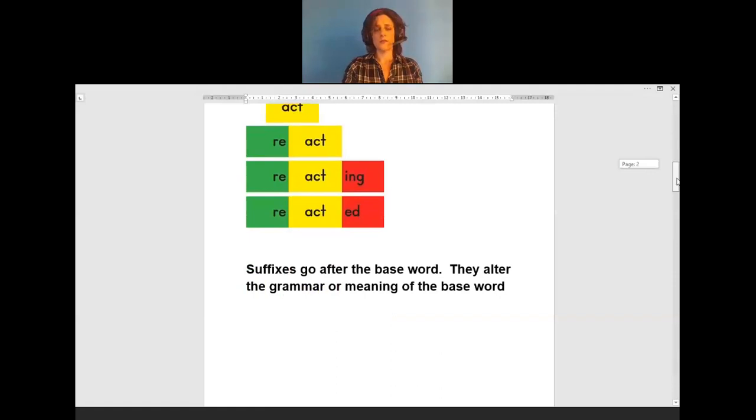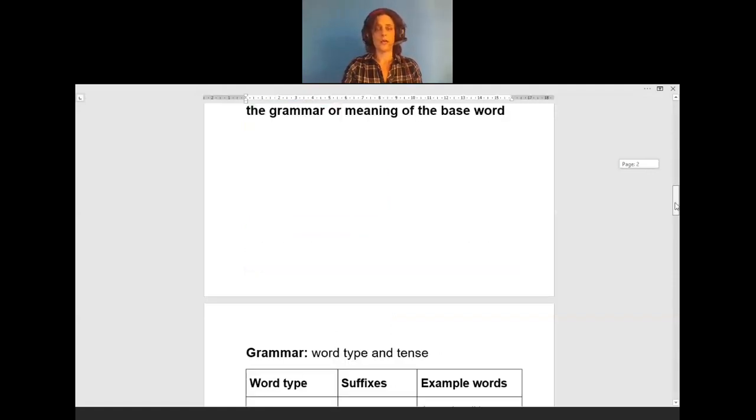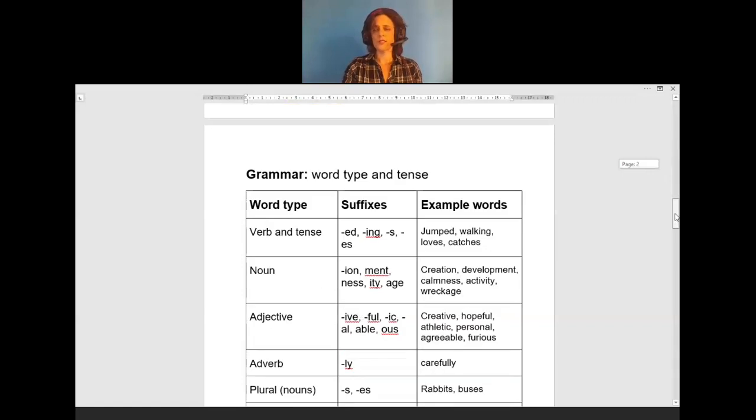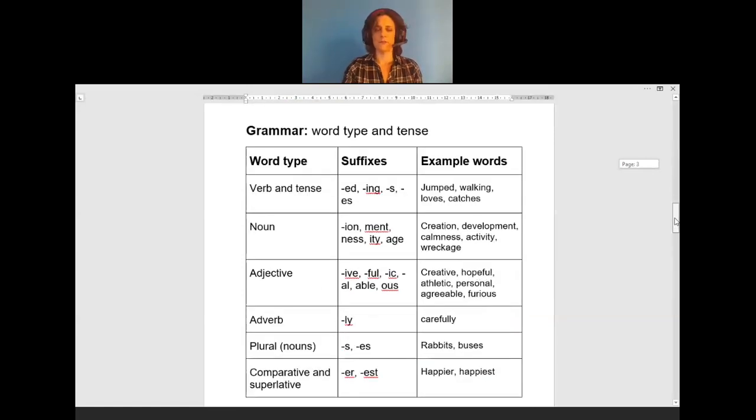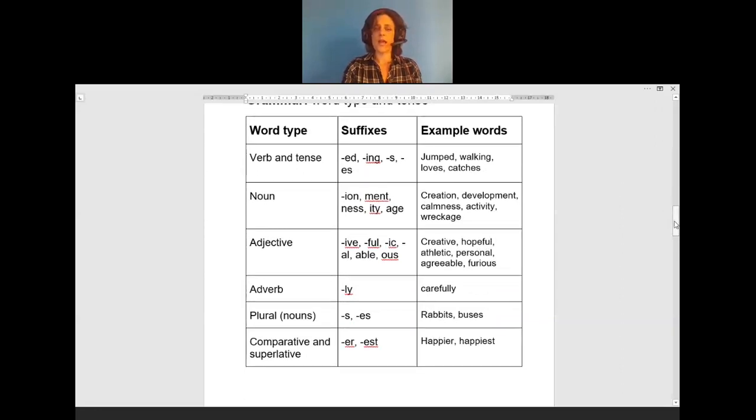So suffixes go after the base word and they alter the grammar or meaning. So here are some different types of grammar and how they affect the type of verb and tense. So if we have ed, ing, s, or es, like jumped, walking, loves, catches, it tells us the verb and the tense. So it tells us when things are happening.